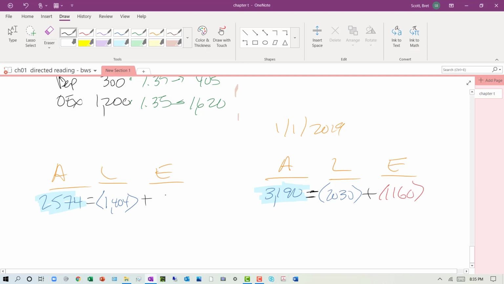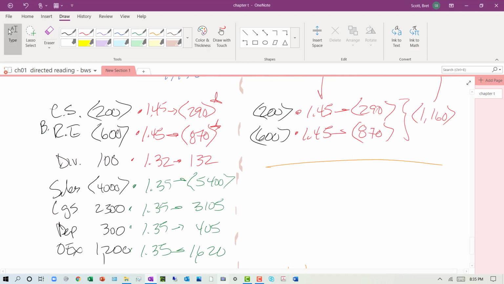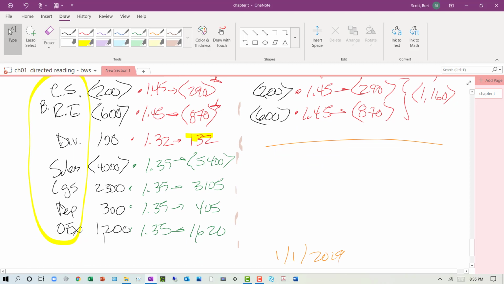Equity is a bit different because equity consists of all of these items here. Common stock, capital stock, didn't change, 290. Beginning retained earnings, 870. Dividends are pulled out from that. What goes into retained earnings? Net income, or more appropriately, sales, cost of goods sold, depreciation expense, all of these items.